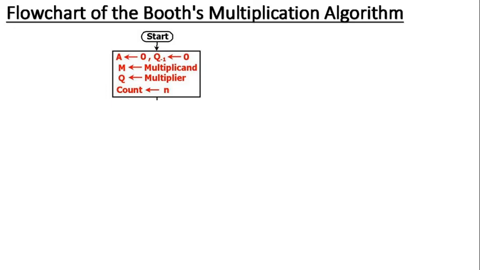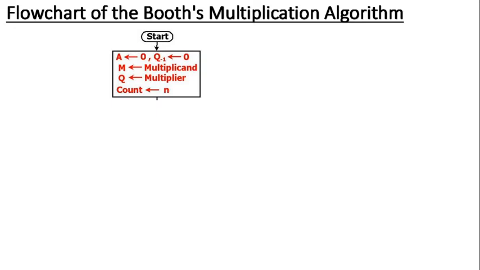The multiplicand of n bits is taken in the M register. The multiplier of n bits is taken into the Q register. And of course my count is equal to n, because each of those registers is of n bits. So n iterations would be required here to carry out the Booth's multiplication, and finally the result is generated. So count is equal to n. So this is the initialization step.